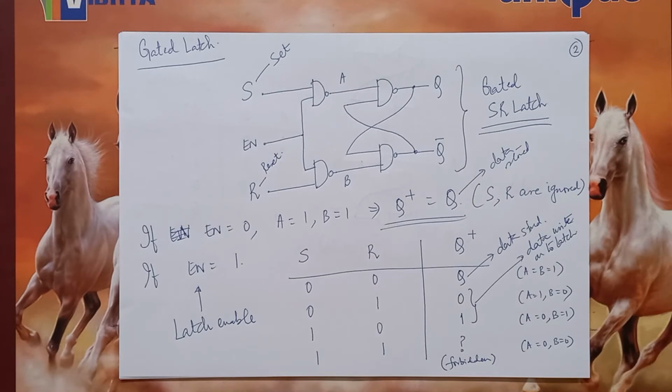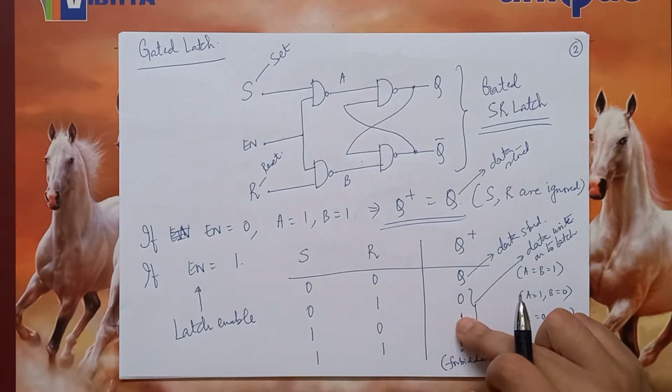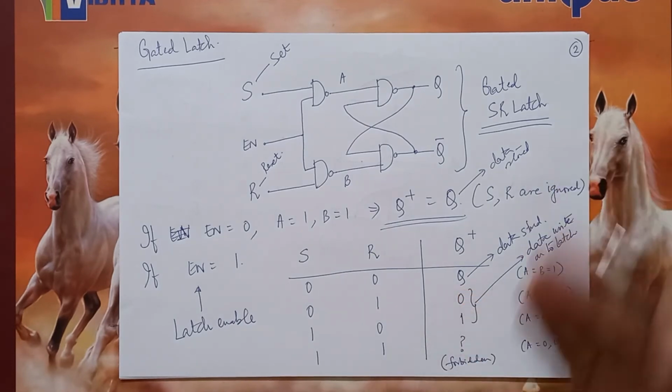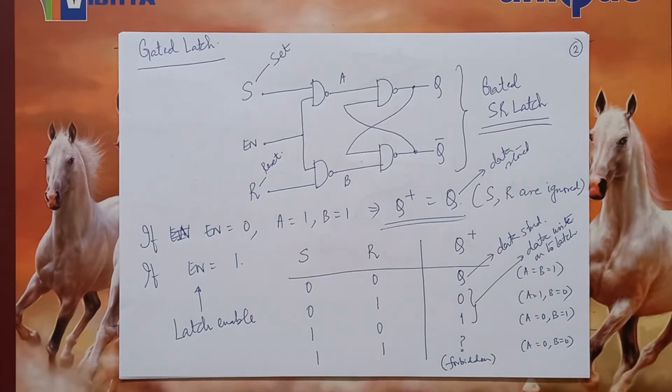So this is acting exactly like a read and write memory. What this means is we can use this as a memory element. When we want, we can provide a 1 or a 0 as per our requirement for what we want to store. And when we make S and R 0, we can store whatever value we have written into the latch.